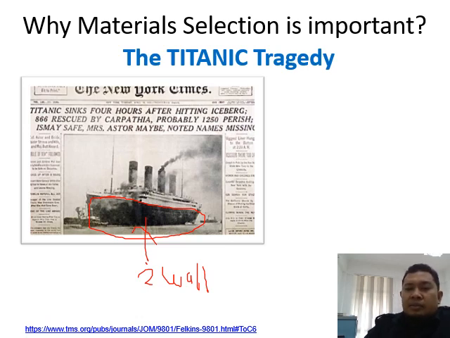That temperature influences the toughness of the steel wall, making the hull much more brittle. So when the ship struck the iceberg, it just broke through.